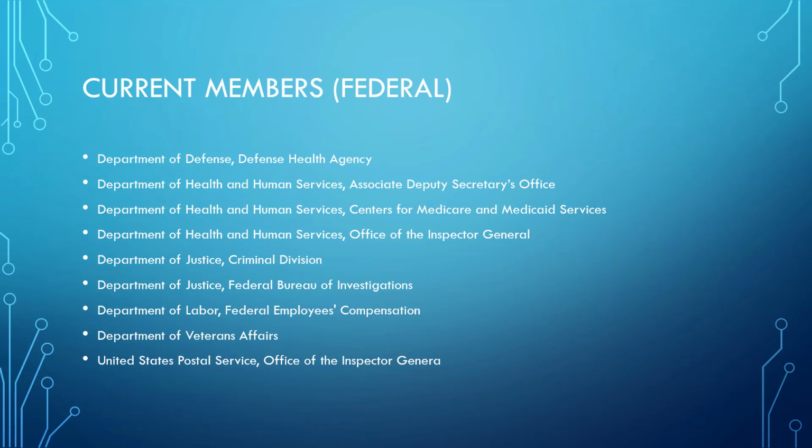So who is in this? Well, a number of federal organizations are, and that makes absolute sense since the majority of the money that's paid out for healthcare is federal money. So it includes Department of Defense, Department of Health and Human Services, Department of Justice, Department of Labor, Department of Veterans Affairs, and even the Postal Service.